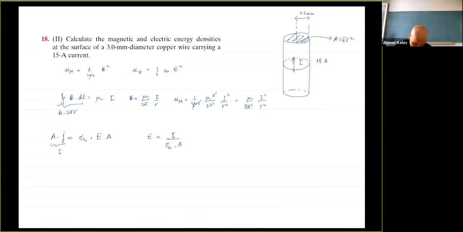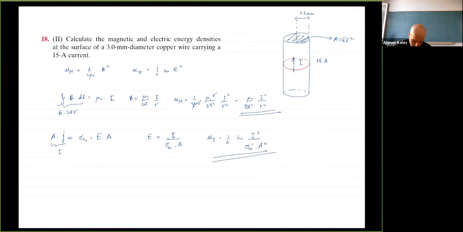So the energy density of the electric field is going to be 1 over 2 epsilon 0 times the square of E, which is I squared over sigma copper squared times area squared. Okay, so one is this one, the other one is this one.